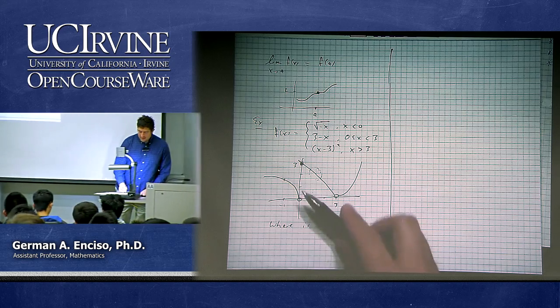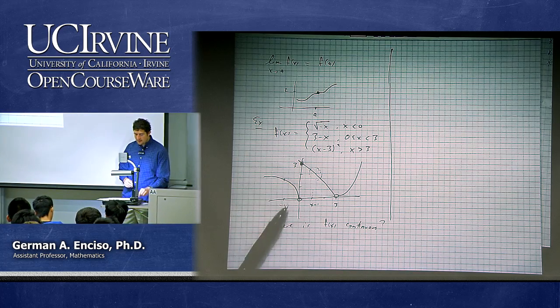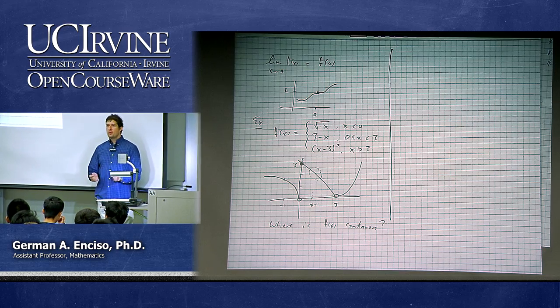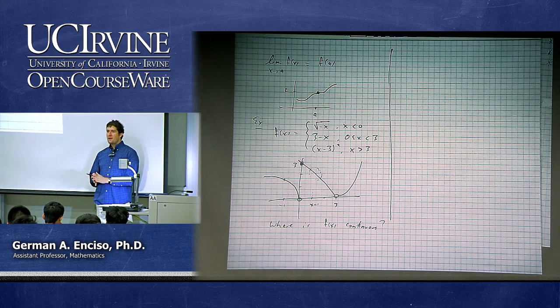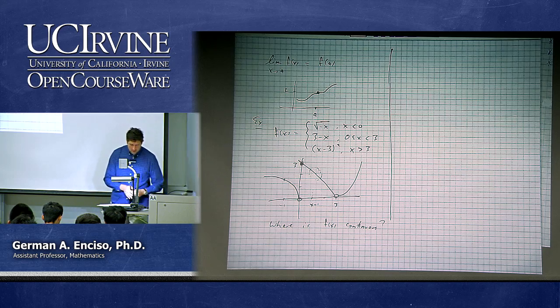So now, what happens at 0? Oh, by the way, the same thing can be said at every other point other than 0 and 3. At every point different from 0 and 3, we have a function that locally looks like a function that's continuous, and therefore, f is continuous at that point. It's the same argument.